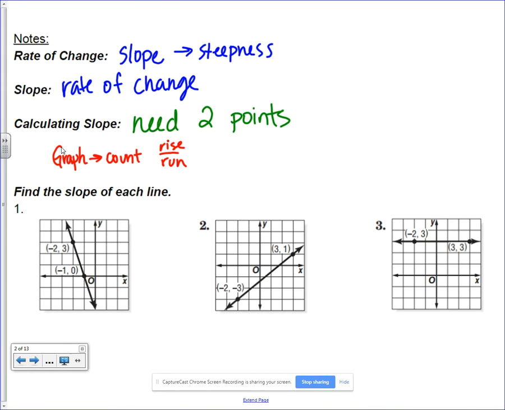So I am going to start at the left point, and I want to get to the right point. My first question is, how many do I have to rise? If I want to go from here to there, I have to rise 1, 2, 3, but I'm not really rising, am I? Aren't I going down? So that's going to be -3.